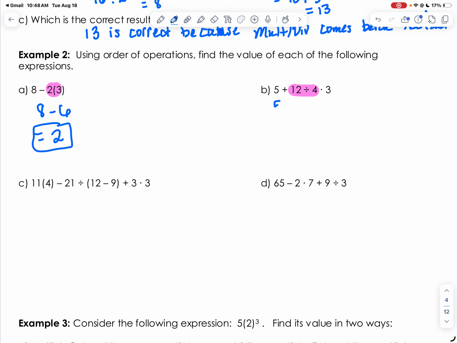So this would be 5 plus 12 divided by 4 is 3 times 3. Now we have addition and multiplication. So multiplication is the stronger operation, so we'll do that first, and that would give us 5 plus 9. And finally, we add that together to get 14.